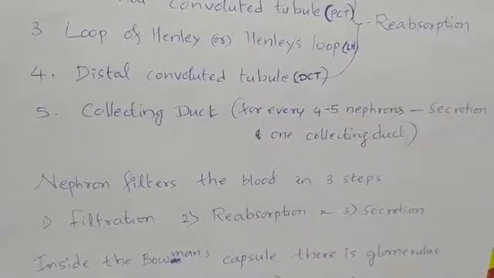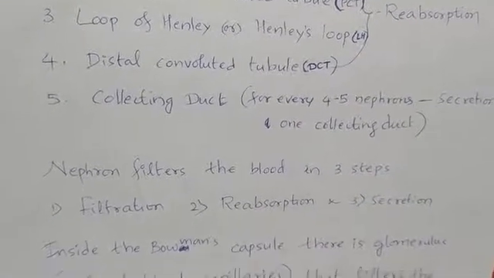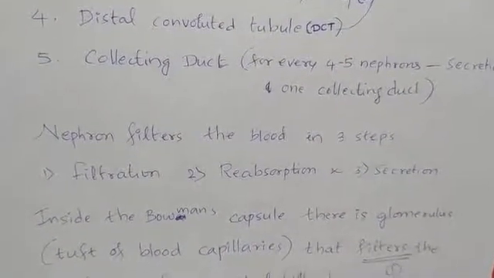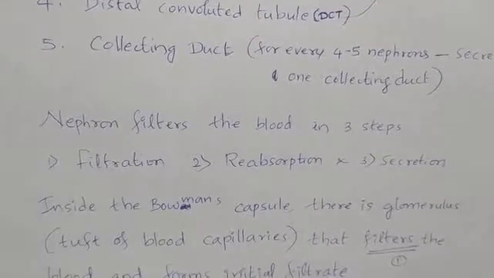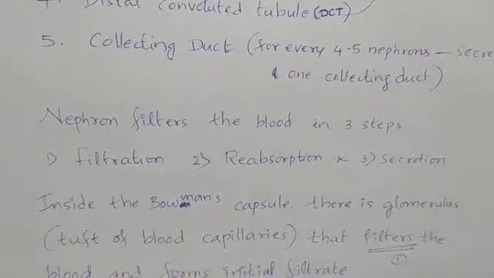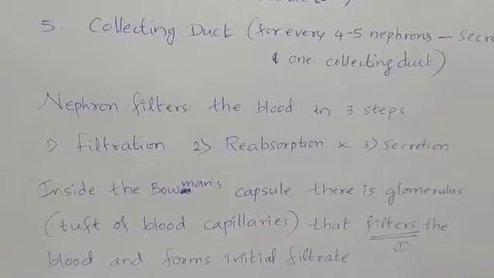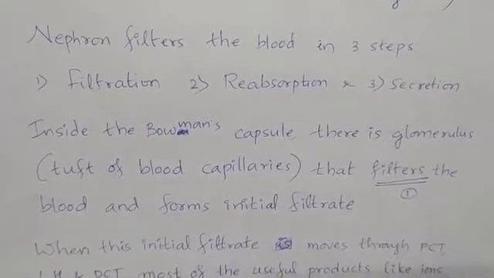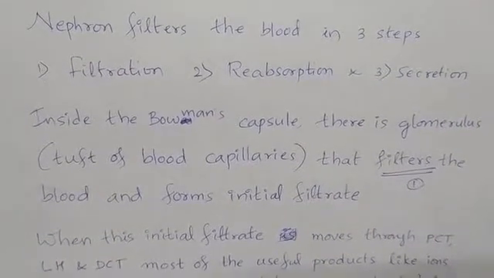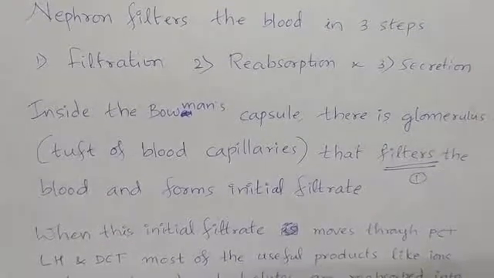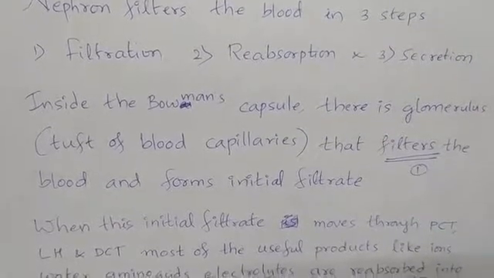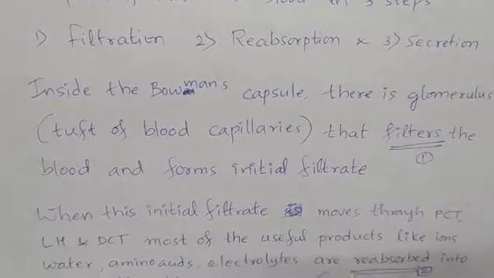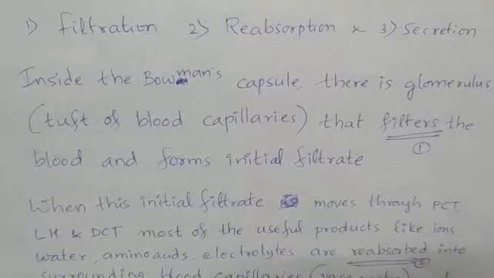Inside the Bowman's capsule, there is glomerulus, as I already told, that is a tuft of blood capillaries. This glomerulus filters the blood that enters the Bowman's capsule, and after filtering the blood, the initial filtrate is formed. When this initial filtrate moves through the proximal convoluted tubule, loop of Henle, and distal convoluted tubule, most of the useful products like ions, water, amino acids, electrolytes are reabsorbed into the surrounding blood capillaries.